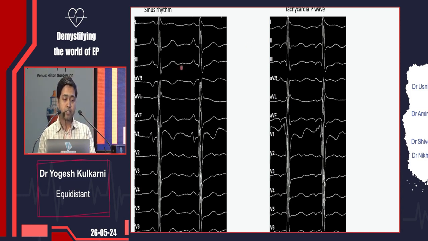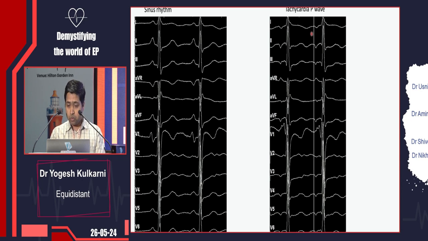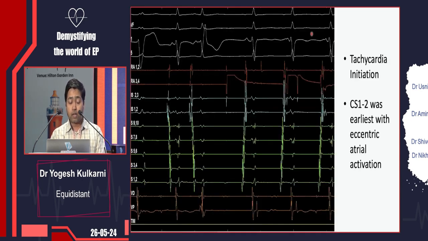Then we compared the sinus P wave with the tachycardia P wave. The P wave was positive in V1, so most probably we got a clue that it is coming from the left side, and as well as in the inferior leads, and lead 1 was all negative, so it is showing from some inferior and lateral part of the LA. Then this is the spontaneous initiation of the tachycardia.